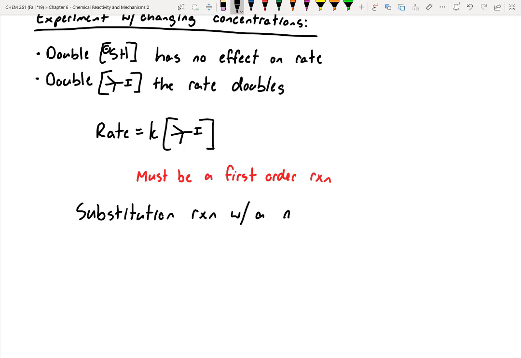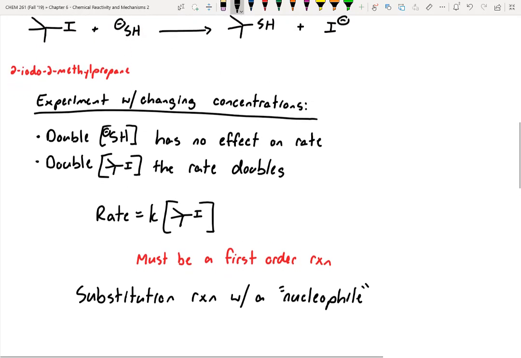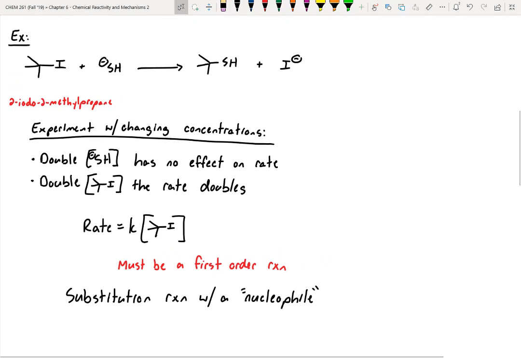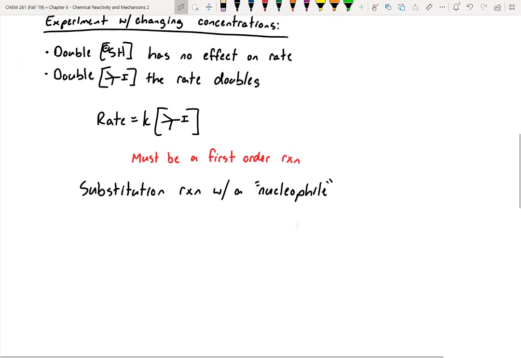With a nucleophile. We'll talk about what a nucleophile is later, but basically a nucleophile is something that has high electron density, or even better yet, a negative charge. So what do you think our nucleophile was in this case? The SH-. So the SH- in this case has a negative charge, so it was acting as the nucleophile in this reaction.